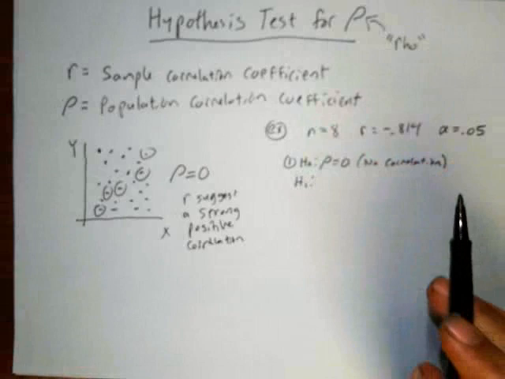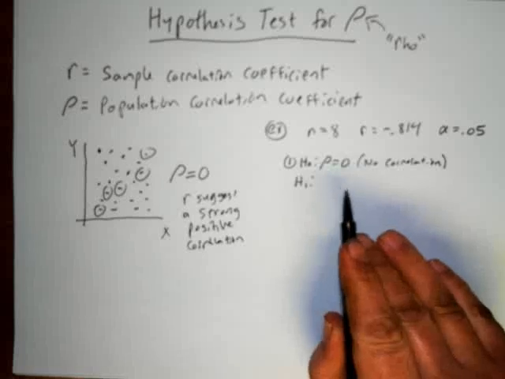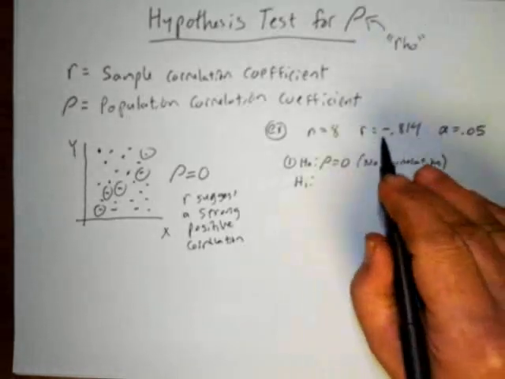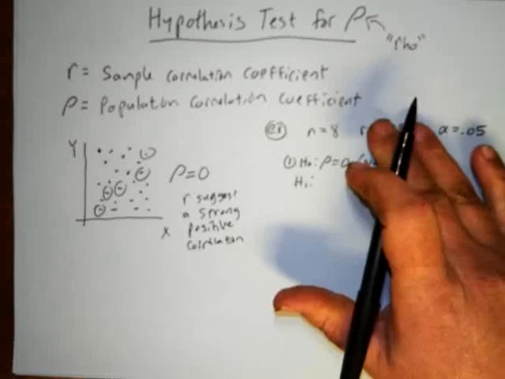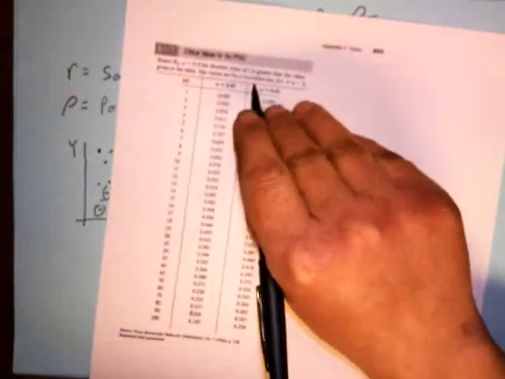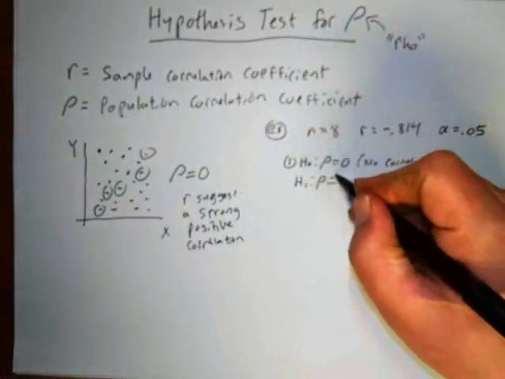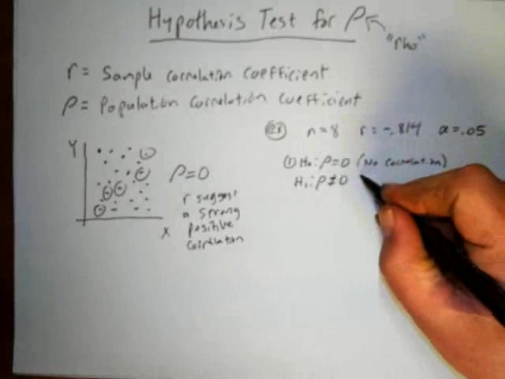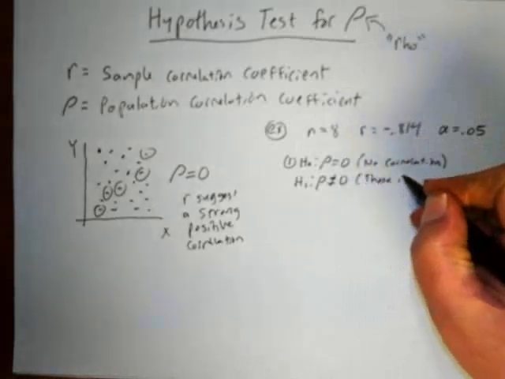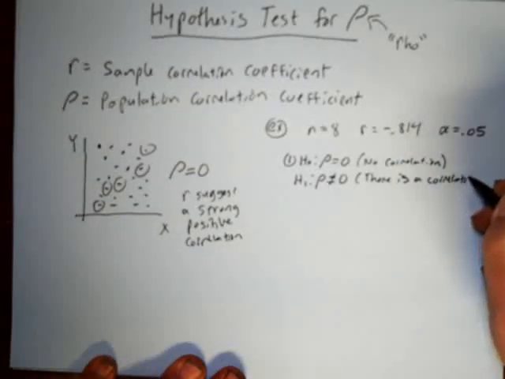Now r is negative, but don't say rho is less than 0, because we don't know r before we set up our test, so r is unknown. And if you look at this table, it says that the values on the table are for a two-tailed test. So this will always be rho is not equal to 0, meaning that there is a correlation. So those are the two decisions.